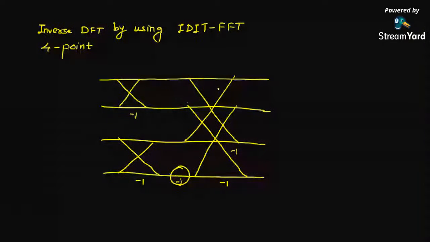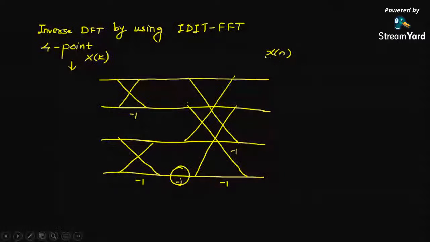So what are the modifications you have to do while using it for inverse? Towards input, what will be the input now? It is X of k, and what is the output? It is x of n. Means frequency domain representation will be the input and the output as x of n, that is nothing but time domain representation.